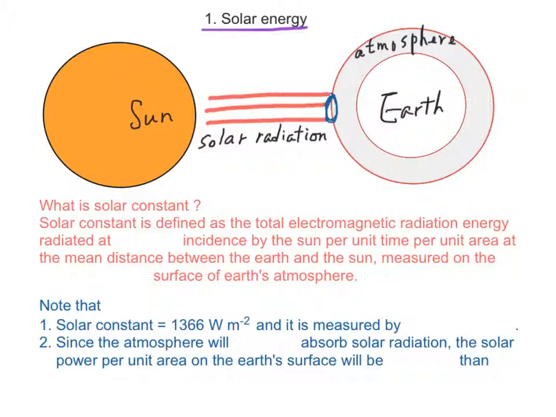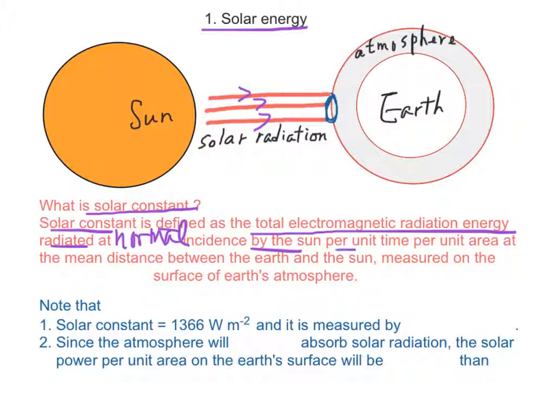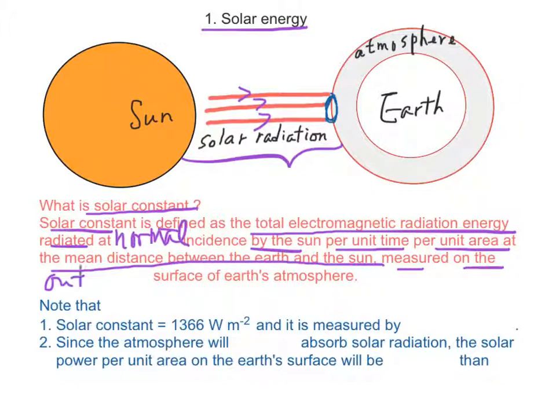Solar energy. What is solar constant? Solar constant is defined as the total electromagnetic radiation energy radiated at normal incidence by the Sun per unit time per unit area at the mean distance between the Earth and the Sun, measured on the outer surface of the Earth's atmosphere.